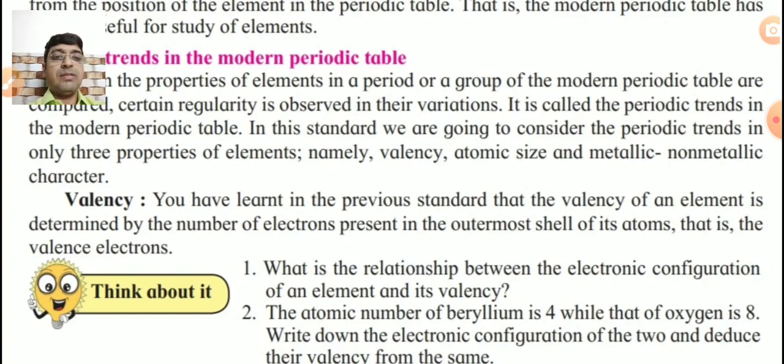The definition of valency is also given, which you should mark. Valency of an element means the number of electrons present in the outermost shell of an atom.